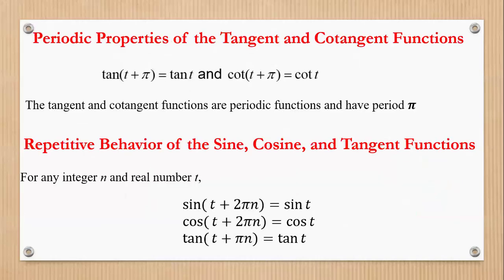But for tangent and cotangent, the period of the function is pi, because for tangent and cotangent, from 0 to pi everything is new, but after that, everything again is repeating. So the period for the tangent and cotangent is pi.